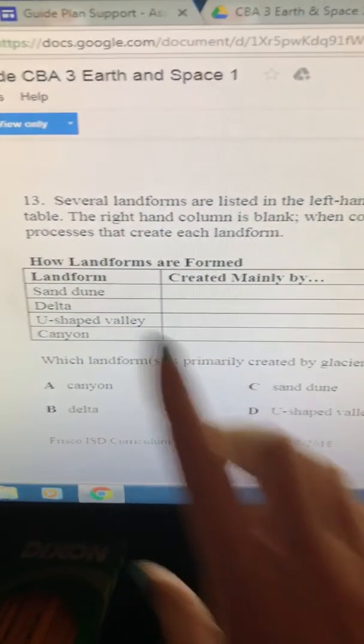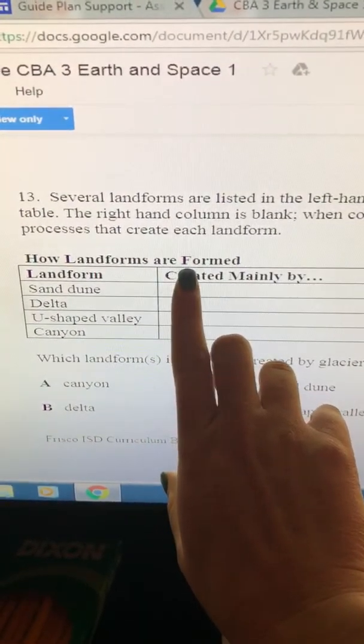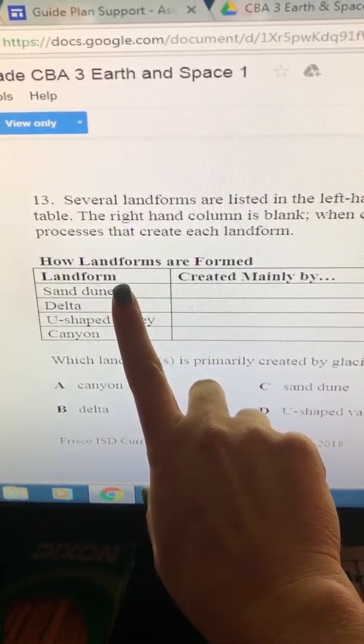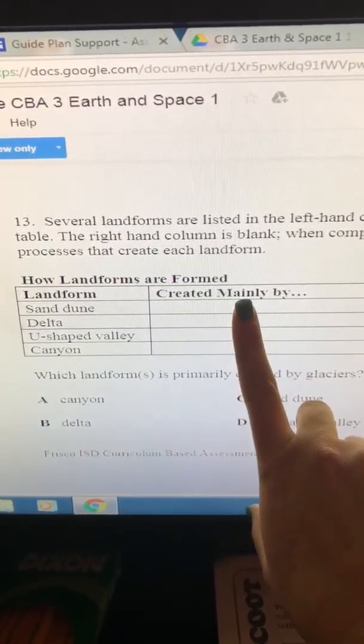Number 13. Several landforms are listed in the left-hand column of the following table. The right-hand column is blank. When completed, it will list major processes that create each landform. How landforms are formed. Landform. Created mainly by.